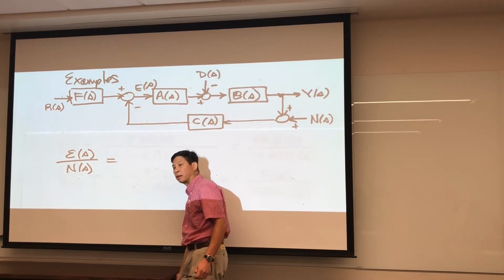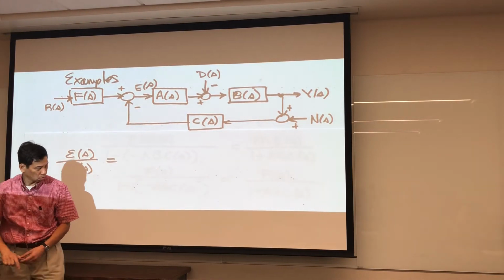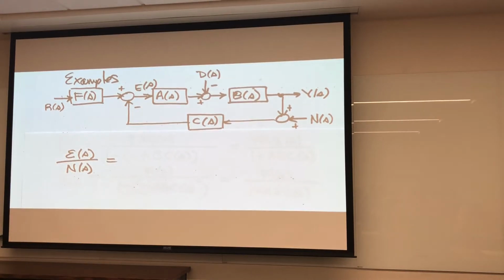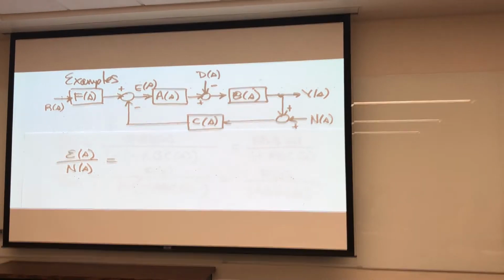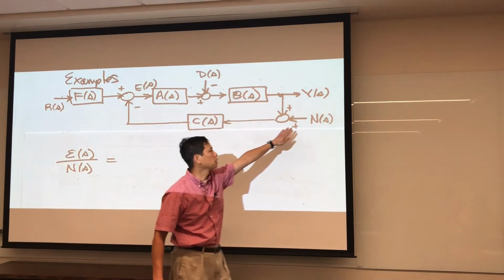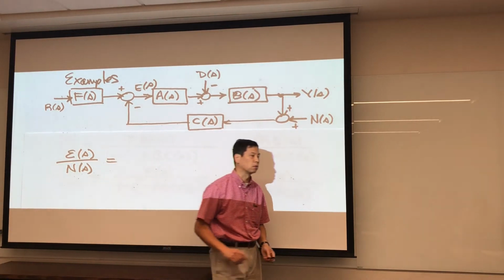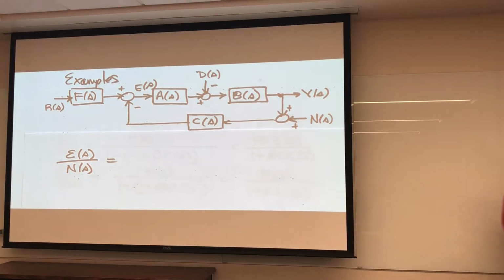Well, I see there's a little bit of error. I didn't get the output to go where I wanted it to go. But how much of that is due to my controller design, or how much of that is due to the disturbance effects? In this particular case, I'm saying, well, how does noise affect the error of the control system? So let's derive that transfer function. It's also a closed loop model.